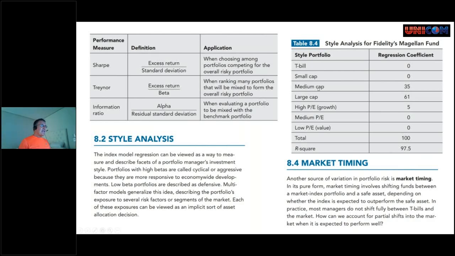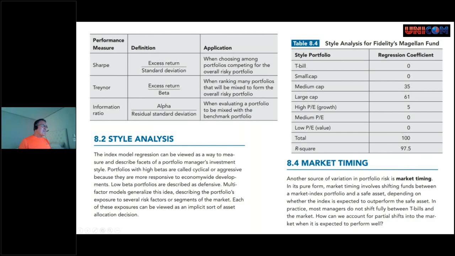So you may have a fund manager who wishes to use medium cap stocks, right? They just believe that those are the ones that are very profitable. And you can regress the returns from the portfolio on the returns of the medium capitalization shares in the universe that are available for investment.